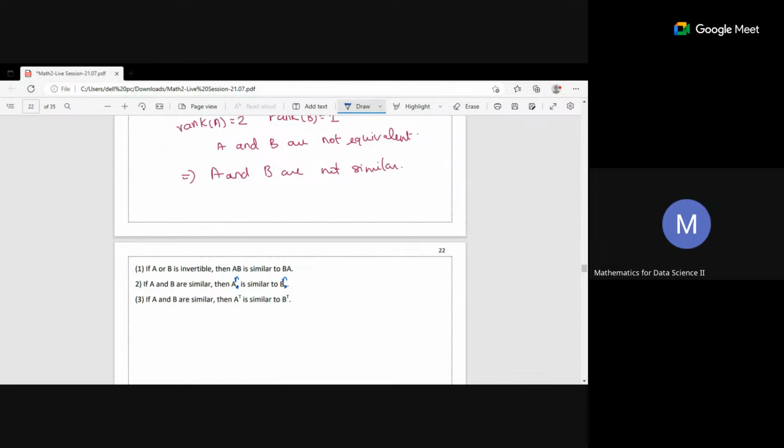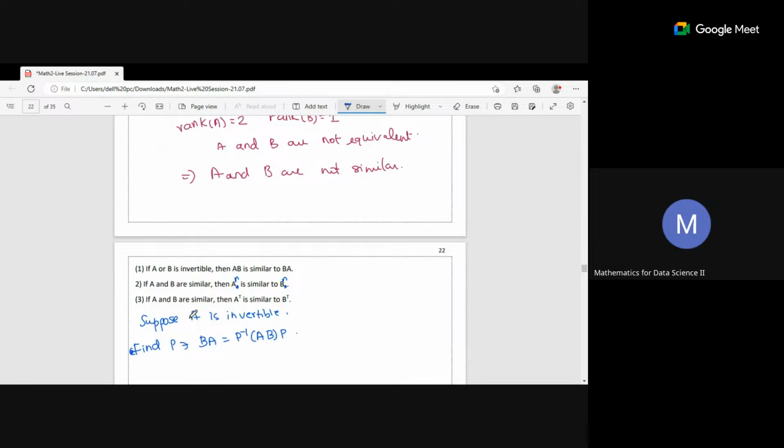Any idea? Okay. So suppose A is invertible. Then you have to find P such that BA is equal to P inverse AB P.